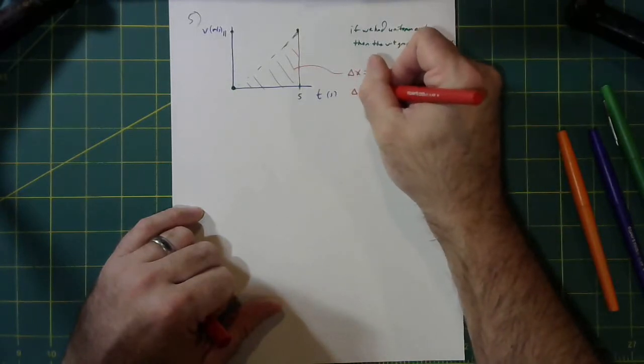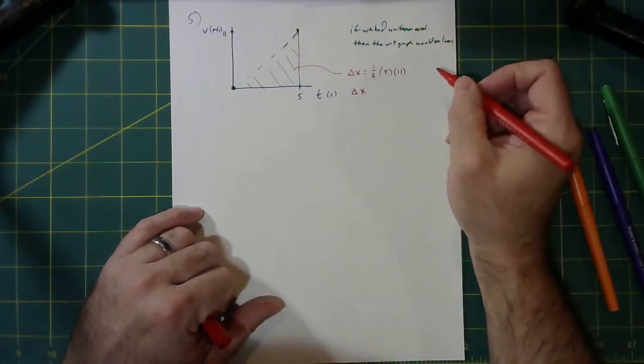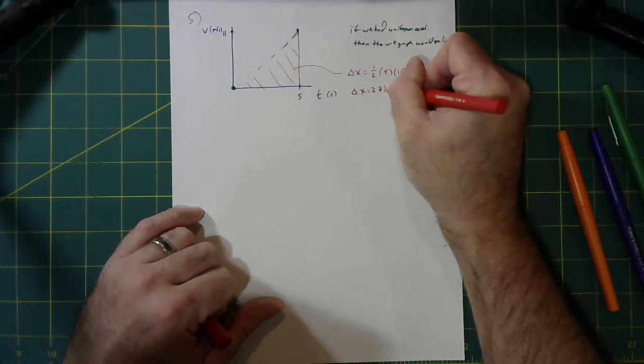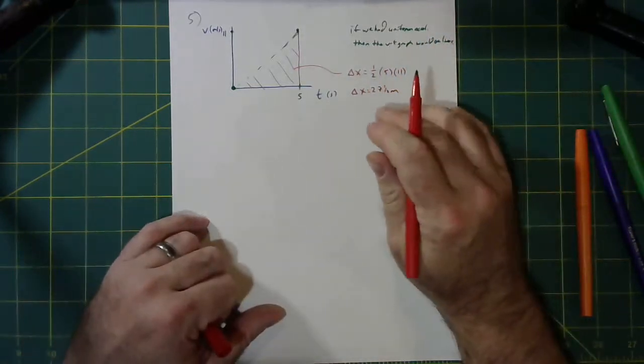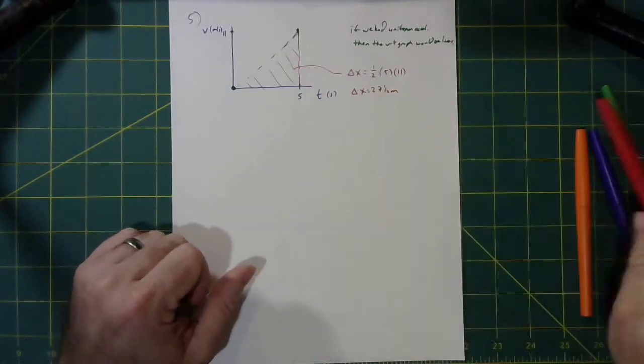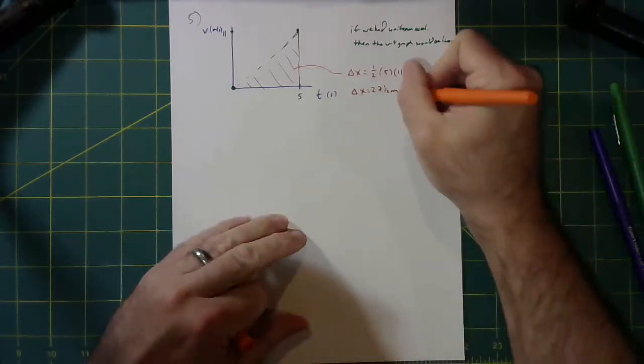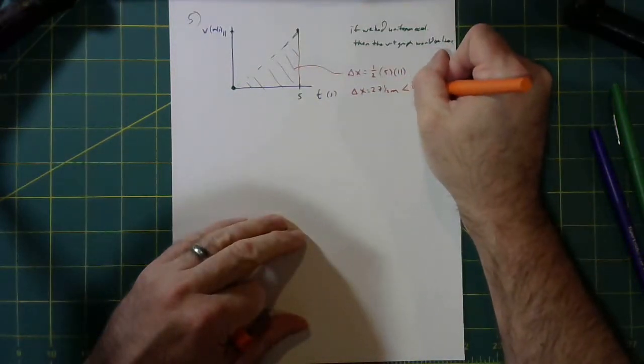That would give me a displacement of 55 divided by 2, 27.5 meters. But wait a minute. In the problem, they told us the displacement was 40 meters. This is less than 40 meters.